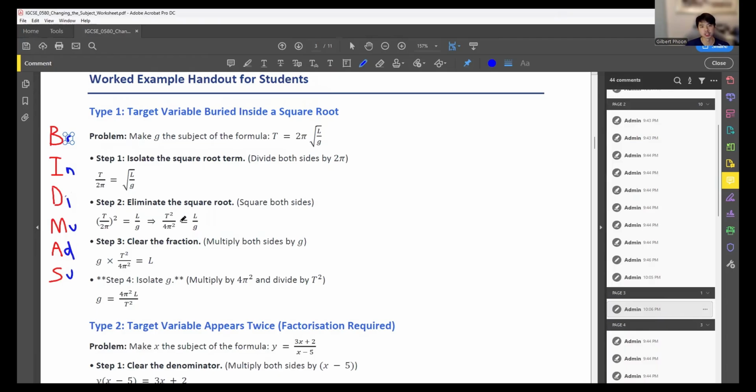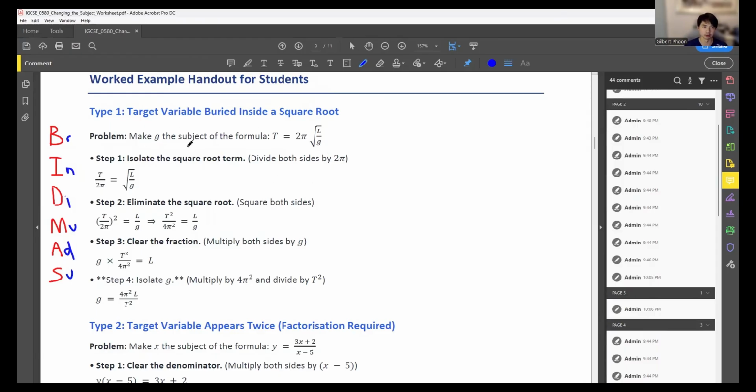If we are changing the subject for more complicated questions, we are actually going in the reverse order of this. Okay? And the second way to think about it is that we have to unpeel them like onion rings and get to the innermost layer.